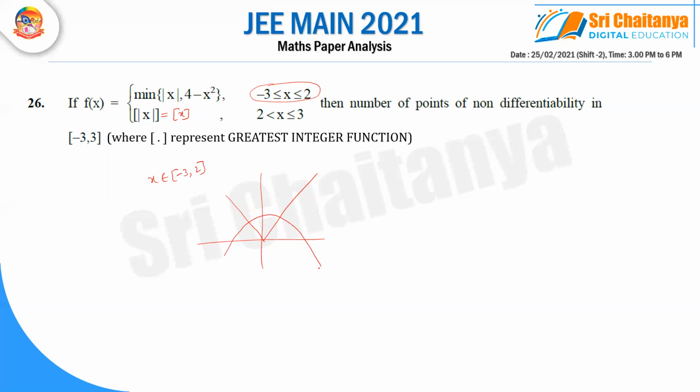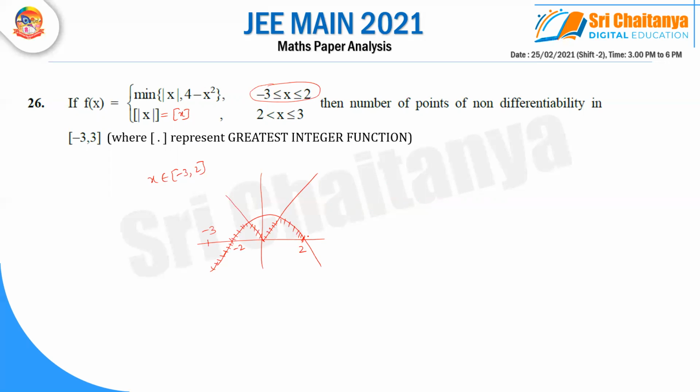And they are saying minimum. So at x equal to 2, 4 minus x square will become 0. So this will be my graph for the interval minus 3 to 2.